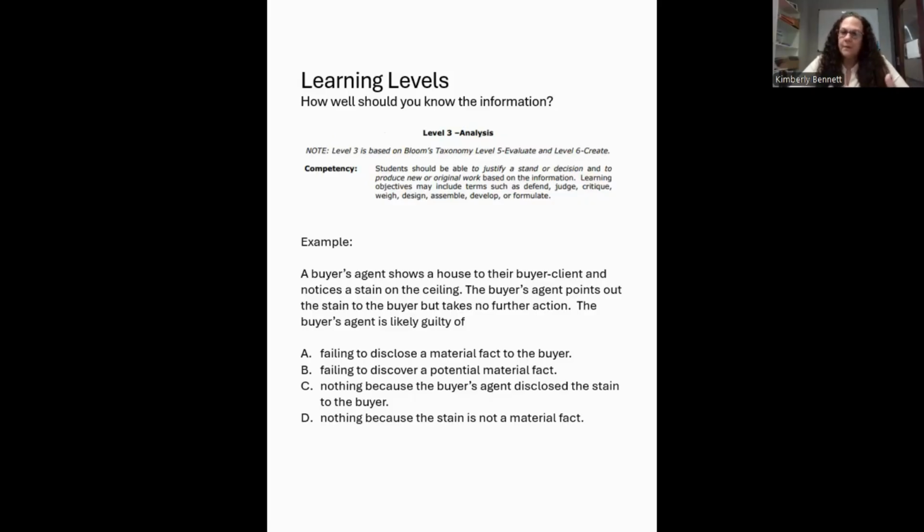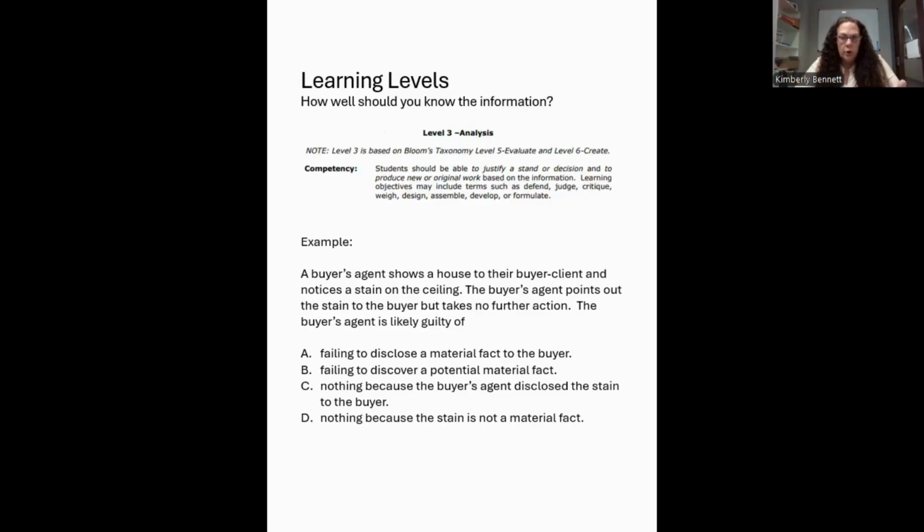Well, we kind of already know that they disclosed it. So it's not nothing, but it's also not nothing because the stain is not a material fact. The stain itself, not a material fact, but what caused the stain is a material fact. So on this one, the answer is B, failing to discover a potential material fact.